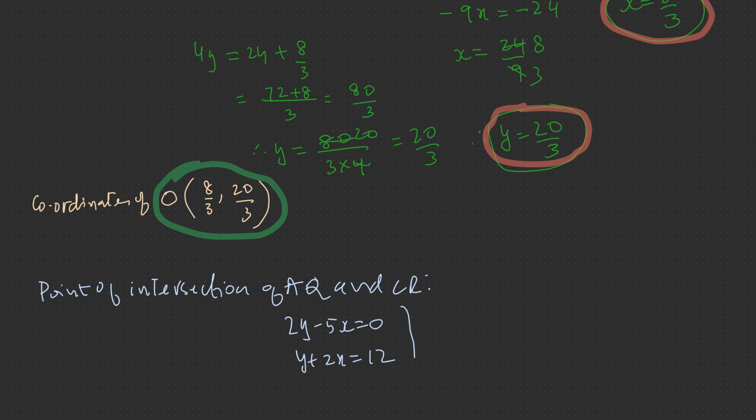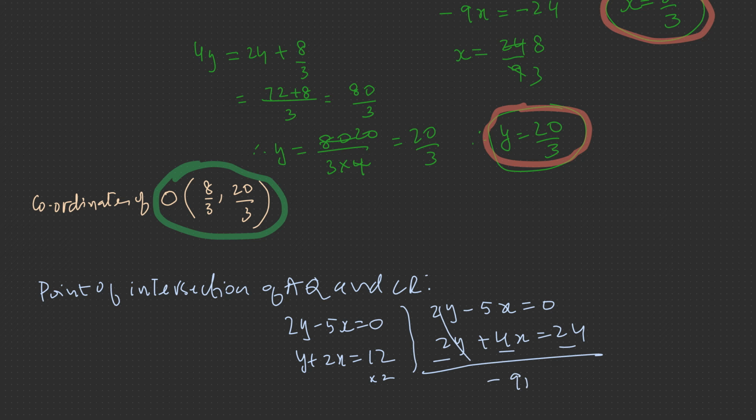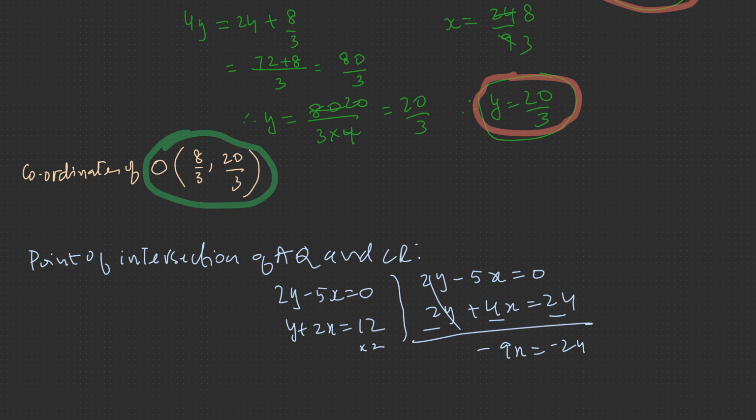So then I can say 2y minus 5x is 0, and then multiplying it by 2, 2y plus 4x is 24, and then minus 9x is minus 24.